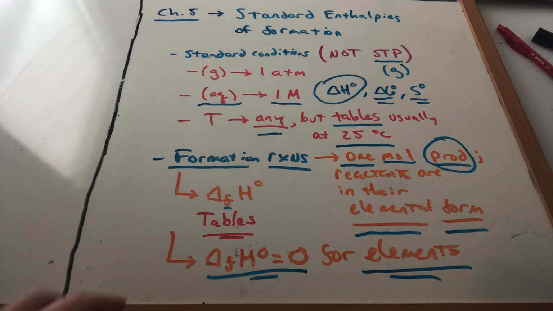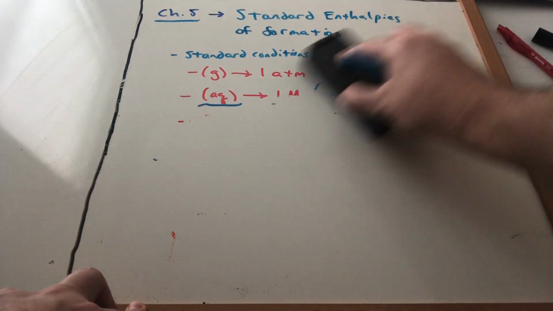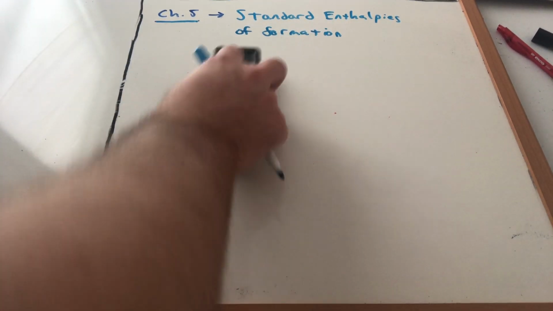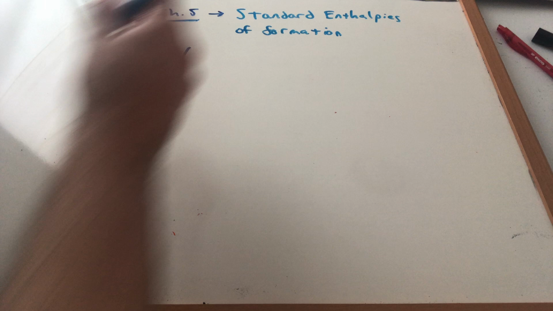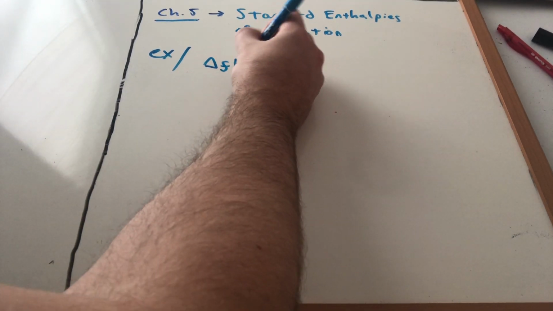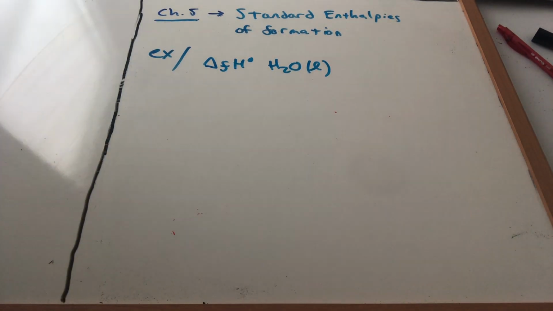Just as a quick little example, before we get into how we use these, all this is background information to a type of problem that you'll see. We can look up delta formation H naught for water, and state matters here.